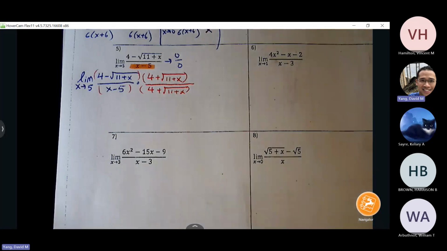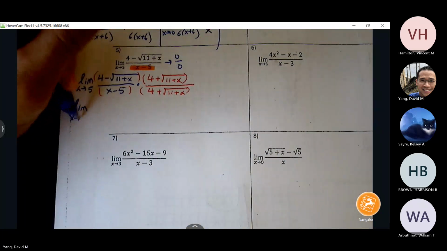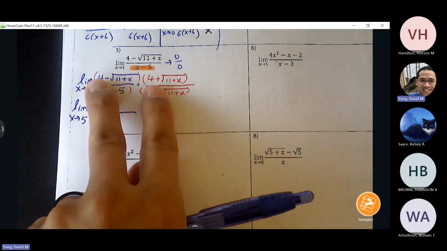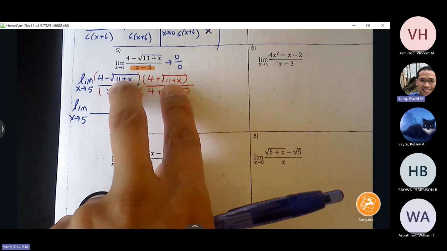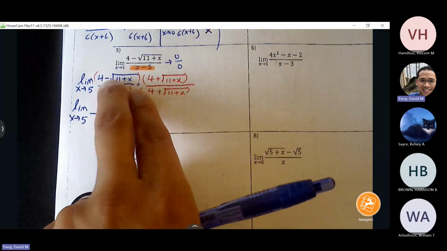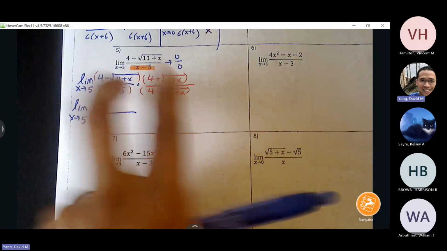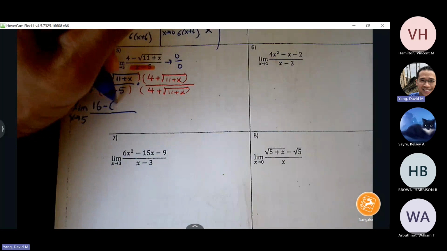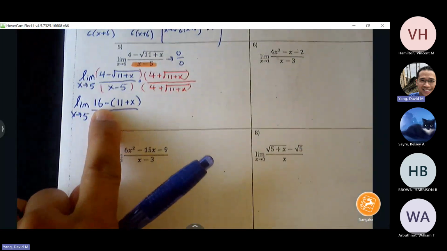All right, so let's FOIL the numerator out. First pair, we get 16. Second pair, we get the radical removed, just 11 plus x, but it's a negative times a positive, so we get a negative in return. So let's protect that second expression with a parentheses so that we don't forget about that negative distributing through.